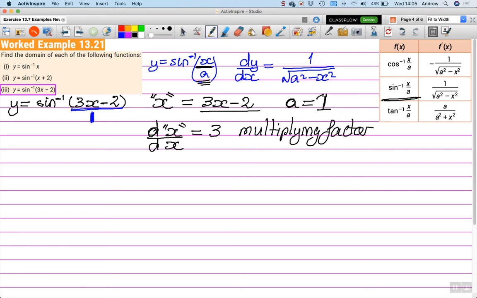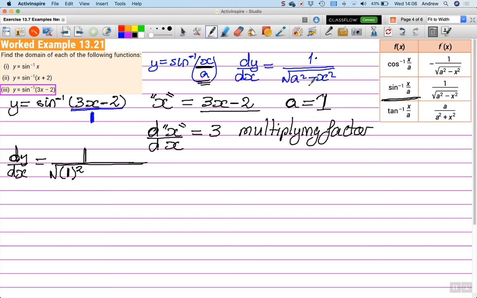So now we're going to apply this formula. So dy dx is equal to, and it says 1, so it's 1 over the square root of a squared, well, a is equal to 1, so it's going to be 1 squared.